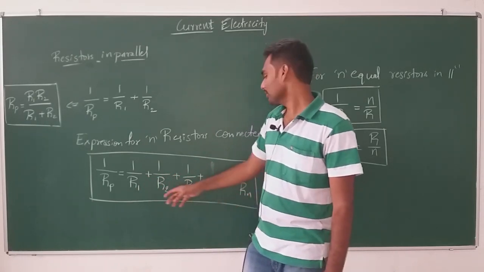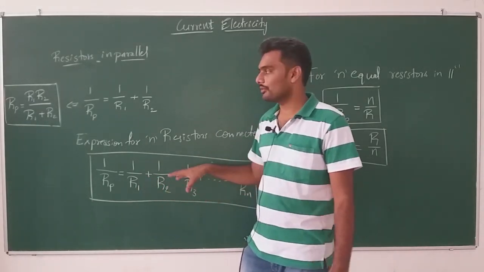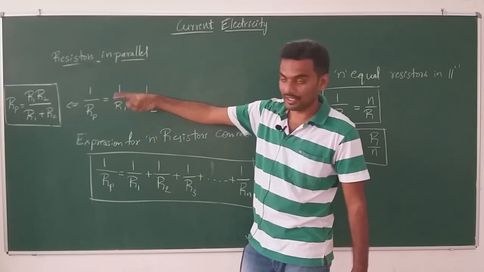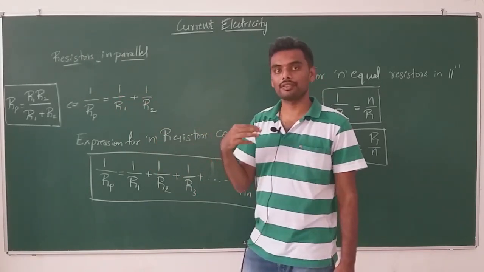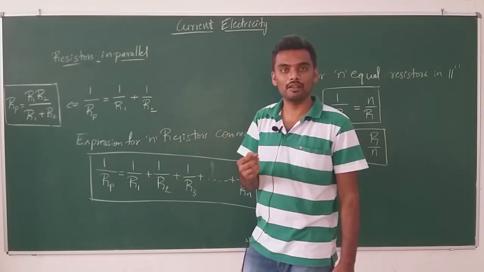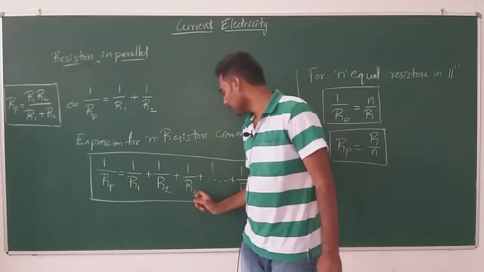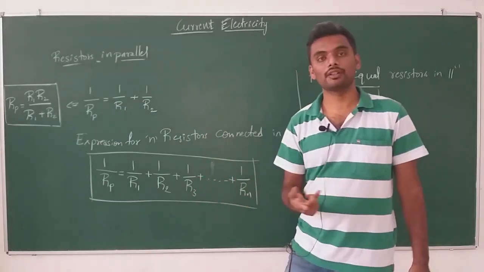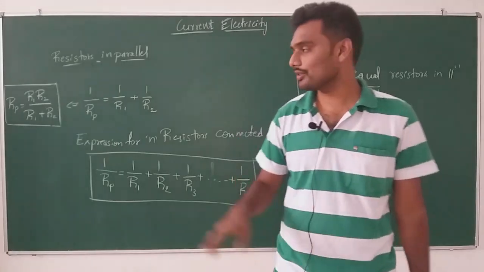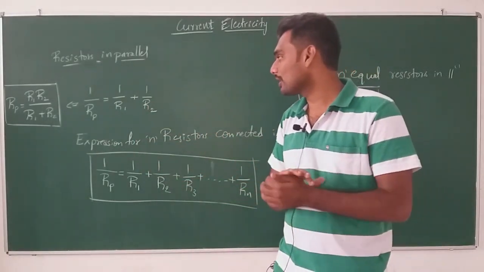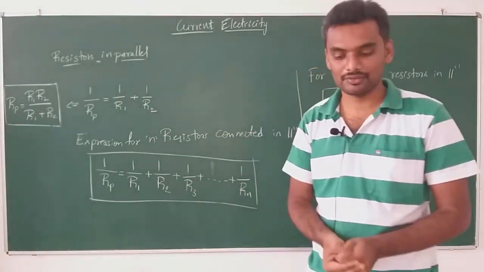Okay. Because this will give you the clear idea. The other formula will become clumsy for 3 or 4 resistors connected in parallel. So, it is better to go for this formula when you have more than 2 resistors. If you have only 2 resistors, you can directly write that Rp is equal to R1 R2 by R1 plus R2. Okay.